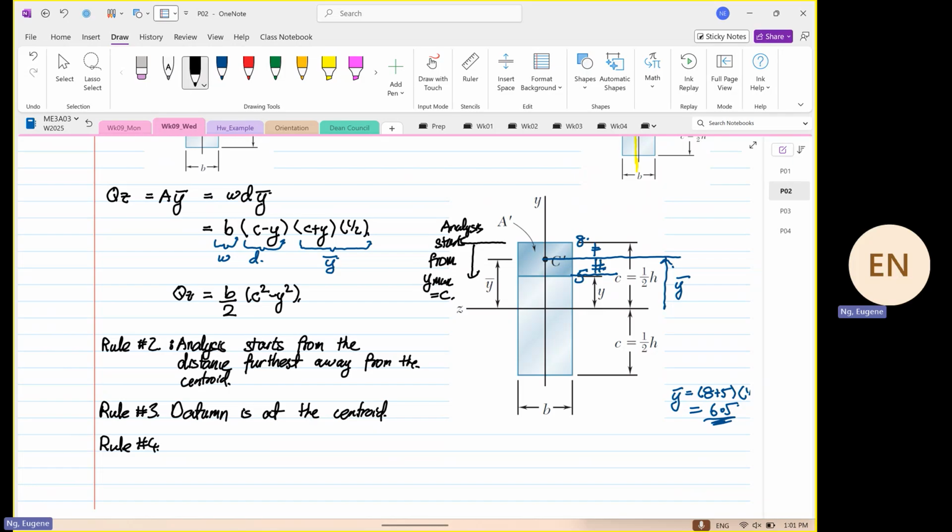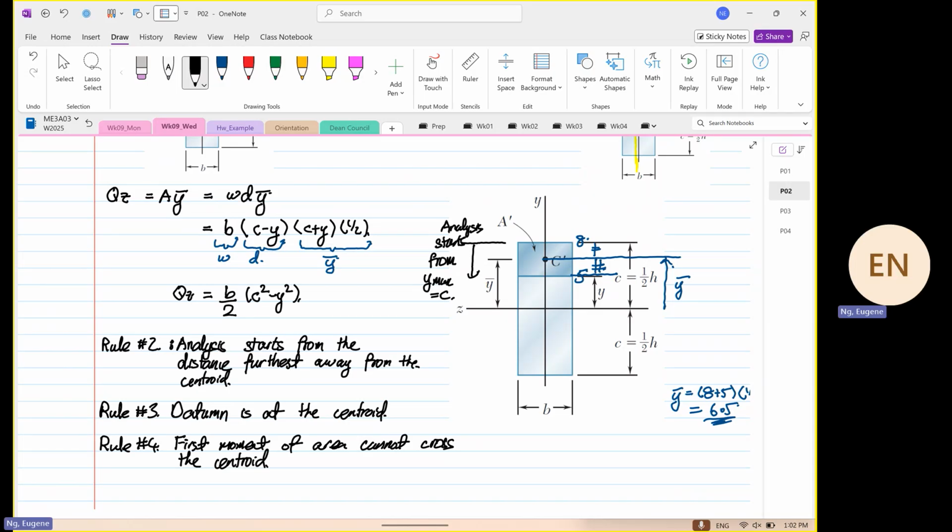From what we see from this diagram, the first moment of area cannot cross the centroid. So in this form, they did not, because everything starts from the datum, first moment of area, and of course the datum. And later on, I'll teach you what will happen if they cross the datum. What must you do?